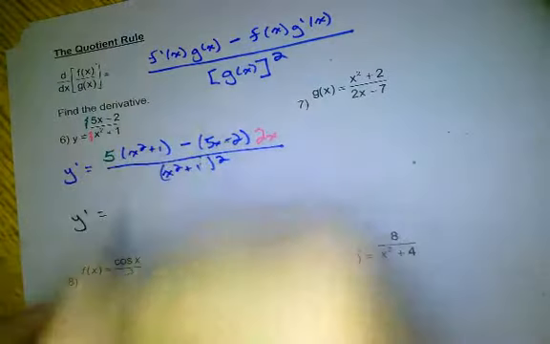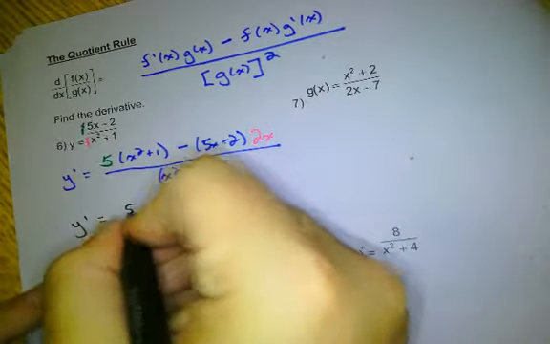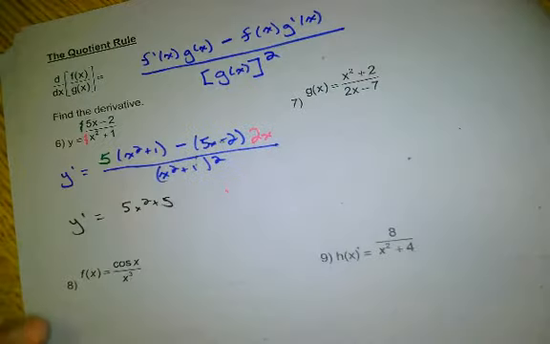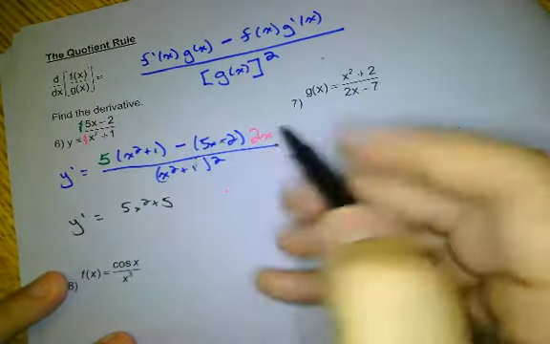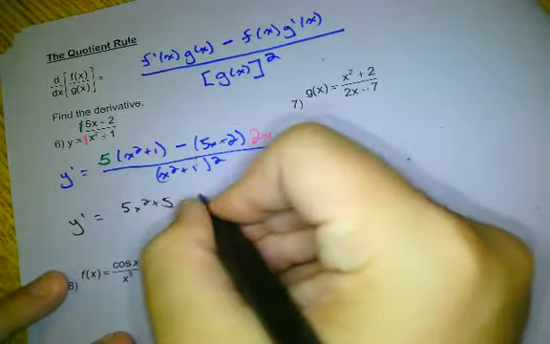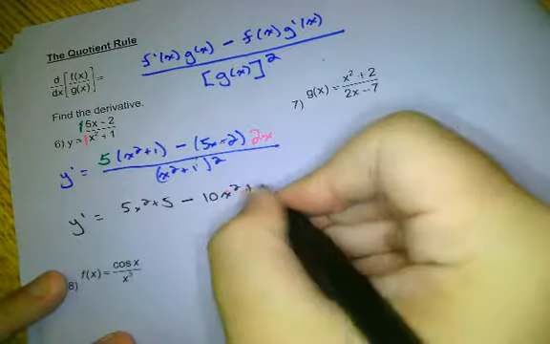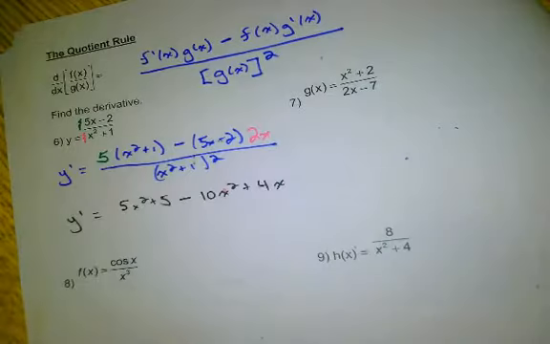So you're going to get y prime equals, when we distribute that, I'm going to get 5x squared plus 5. And distribute that minus sign along with that 2x is going to give me minus 10x squared plus 4x. Is that correct?